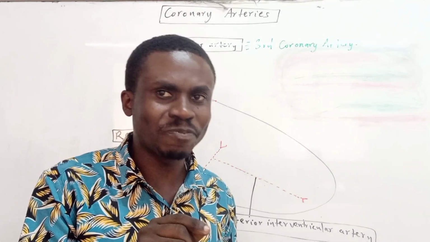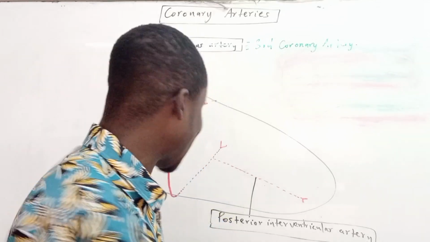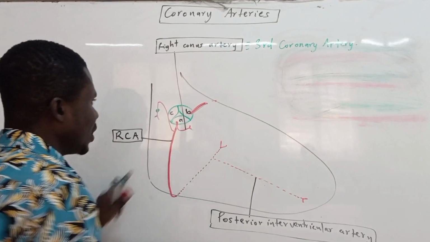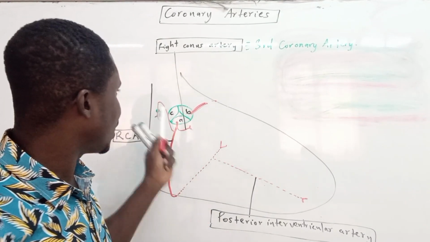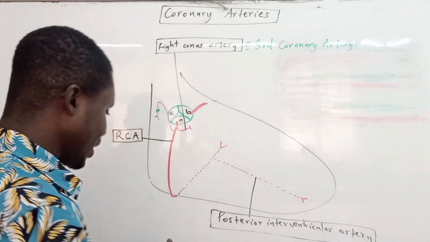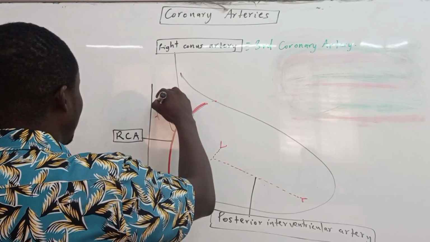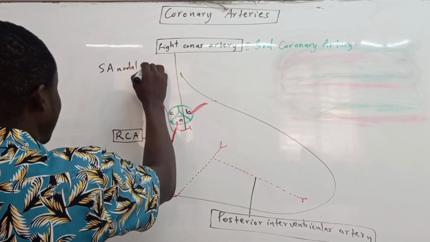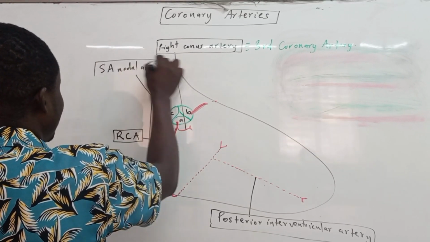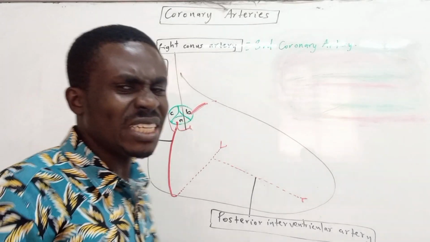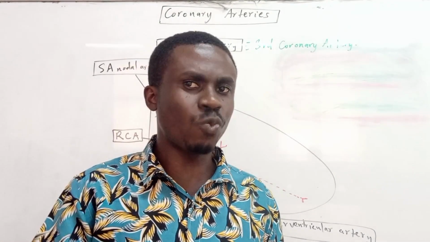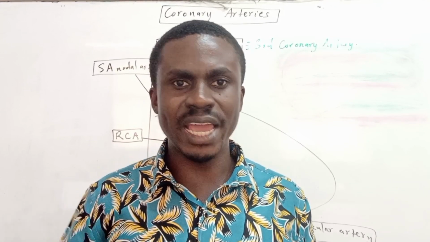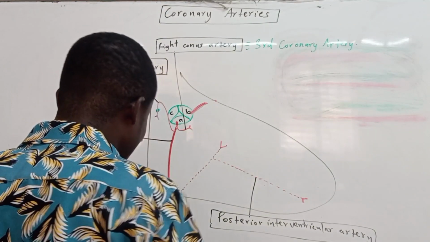The sinoatrial node will also be receiving blood supply, and that one will also be coming from this right coronary artery. It will be supplying this sinoatrial node, and that is why this artery will be called the SA nodal artery, or sinoatrial nodal artery. Now, if I mention the sinoatrial nodal artery, then the next part of the conduction system of the heart is, of course, the AV nodal, atrioventricular nodal artery.